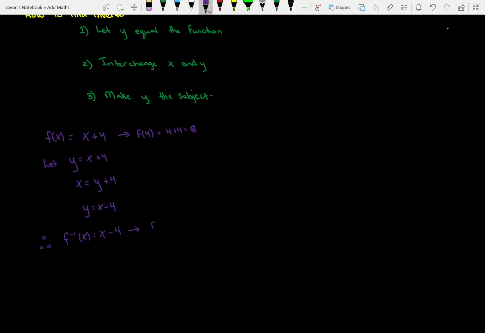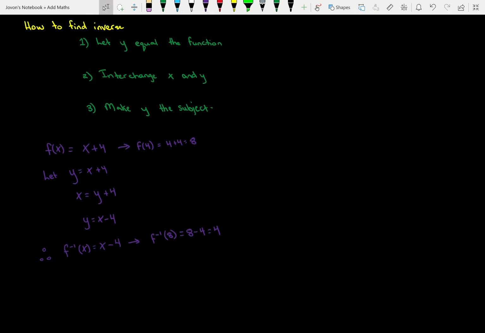If you want to find f inverse of 8, it'll be 8 minus 4, which is equal to 4. So it basically takes the y value and gives you back the x value. Here we're taking the x value to give you a y value for the regular function. For the inverse function, we're taking the y value and getting back the x value. That's basically what this is.